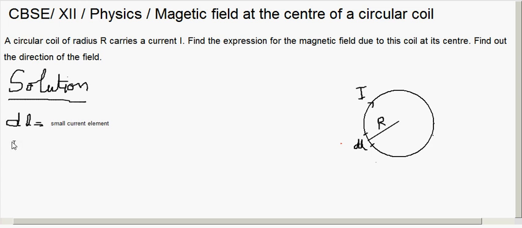We know r is the radius of the coil and I is the current through the coil.